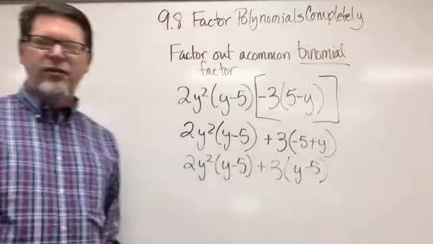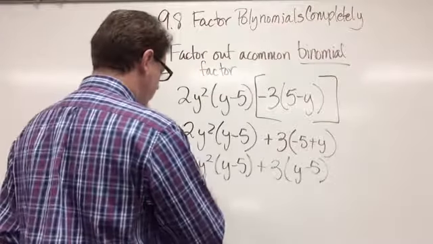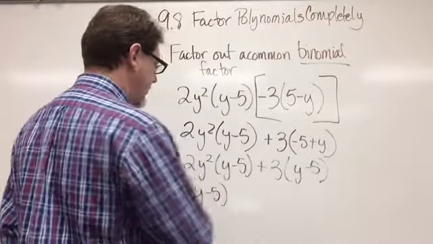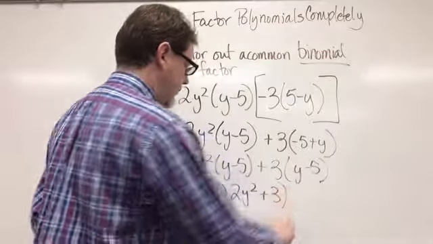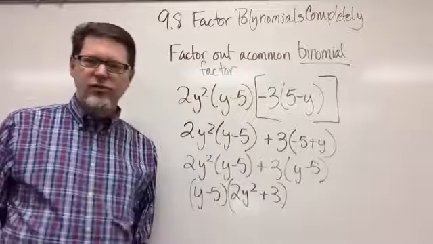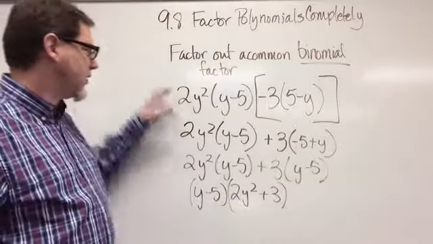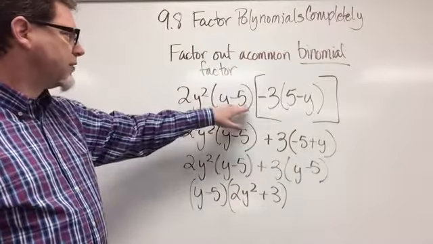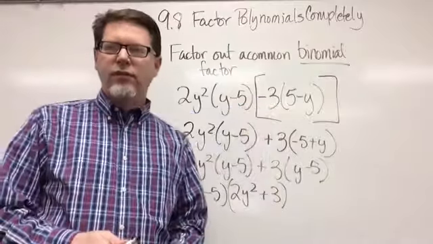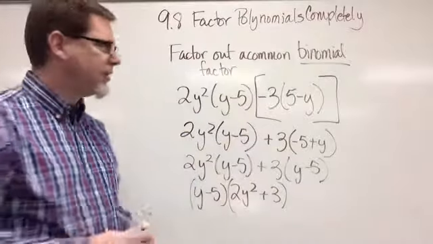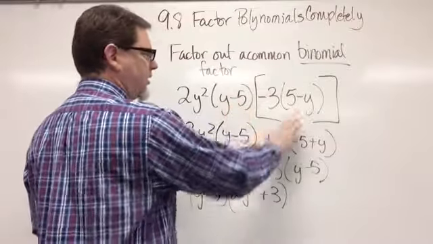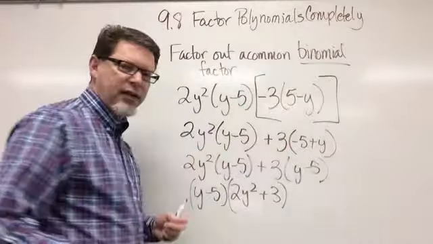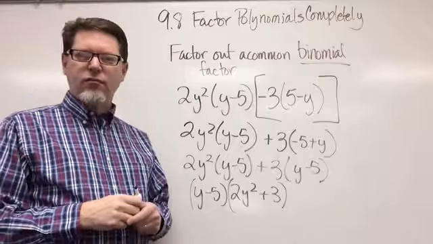And now I can factor out my greatest binomial factor, which is y minus 5 times the quantity of 2y squared plus 3. And those are my two binomial factors. Again, if you have them just in the wrong order with a minus in there, multiply one set by a negative, and then you're good to go.